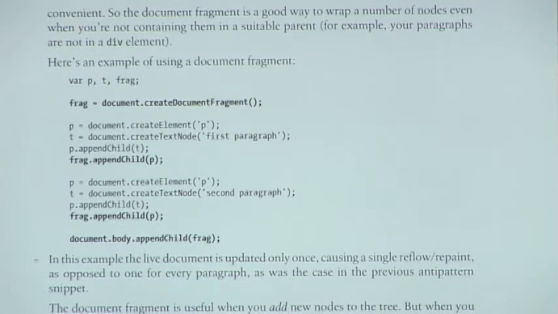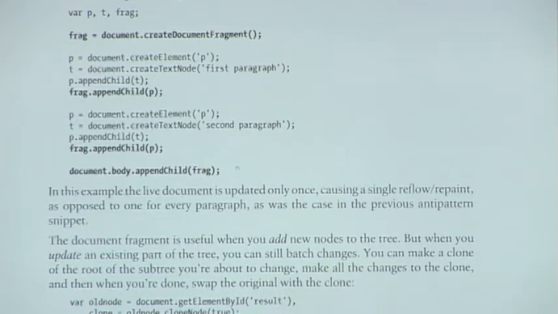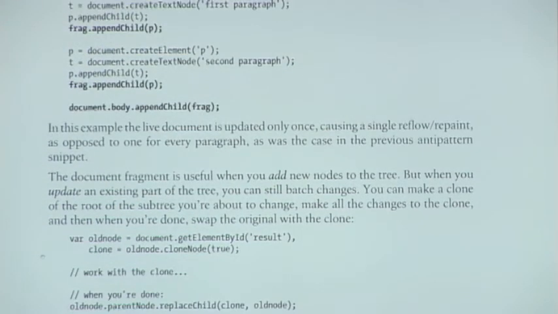Again, this goes back to what I was saying: when you're creating a new element, get all your manipulation done before you go screwing with the DOM rendering, so you only have to do that once. So in this example, the live document is updated only once, causing a single reflow and repaint as opposed to one for every paragraph, as was the case in the previous statement.